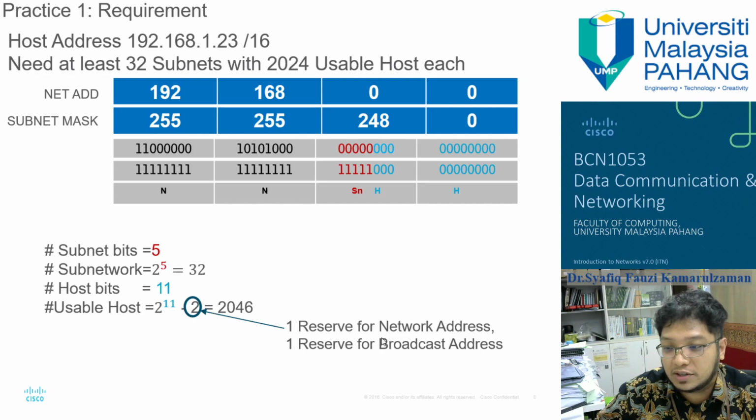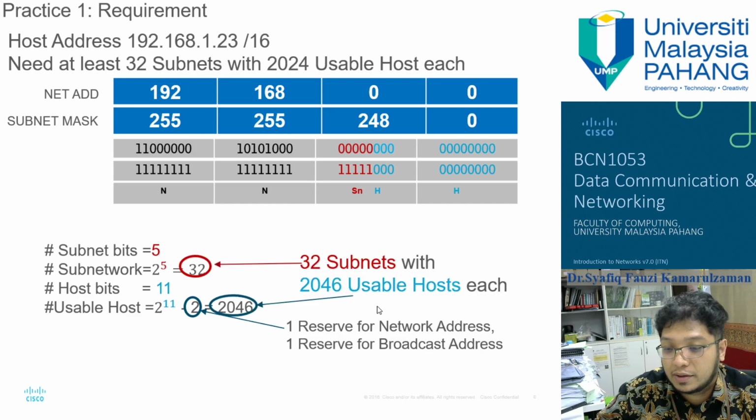Of course, one is reserved for the network address, one reserved for the broadcast address for each of these networks. So you can summarize it as you will have 32 subnets with 2046 usable hosts each. This is when you borrow 5 bits from /16. So now your /16 will become a /21 network.